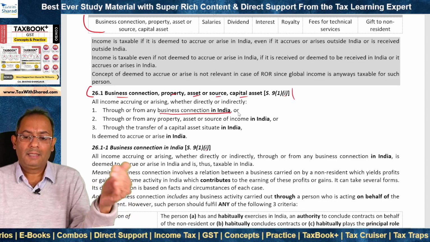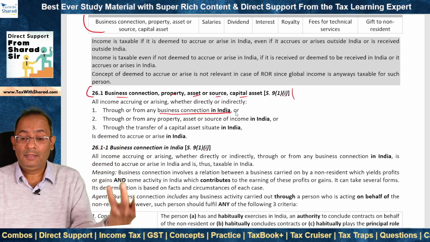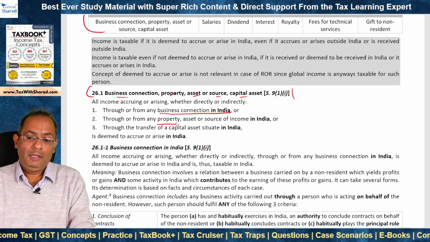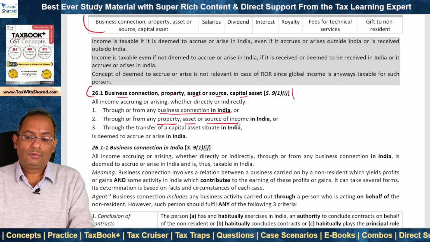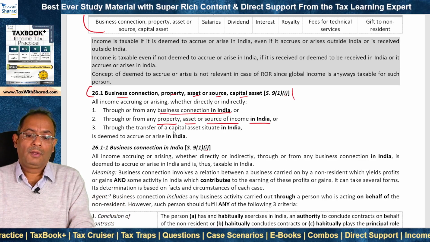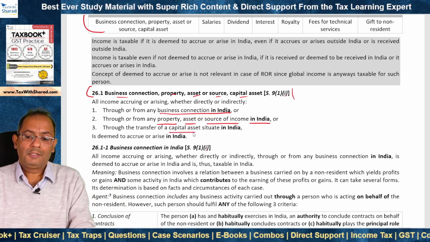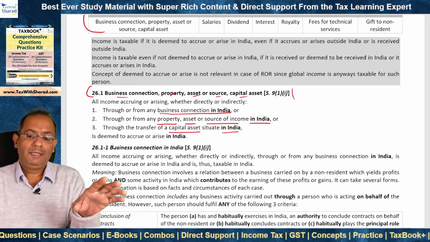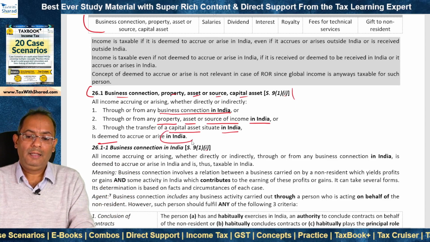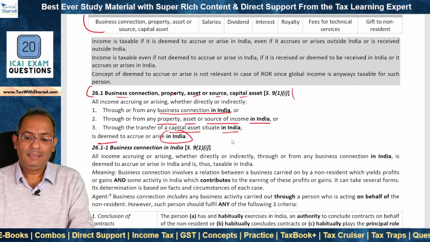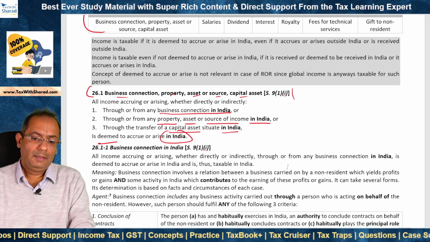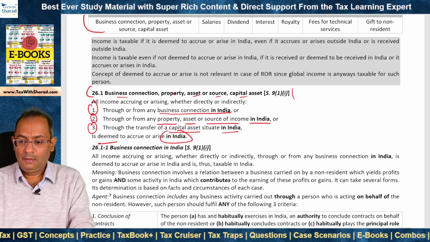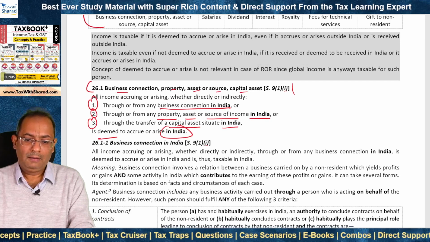So if the income is arising on account of a business connection in India, or on account of any property or asset or source of income which is in India, or on account of a transfer of a capital asset which is situated in India, then such income is deemed to accrue or arise in India, and consequently it is taxable in India. So there are these 3 categories, and we will now briefly discuss each of these 3 categories.